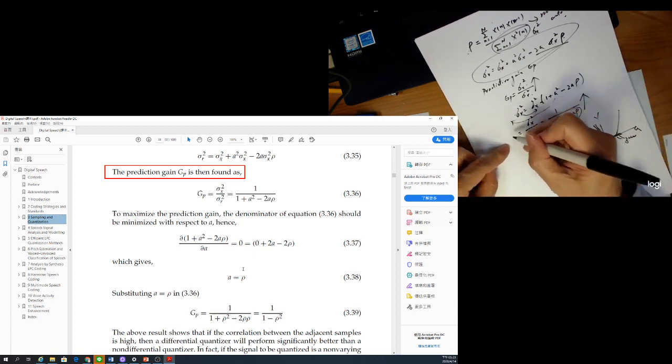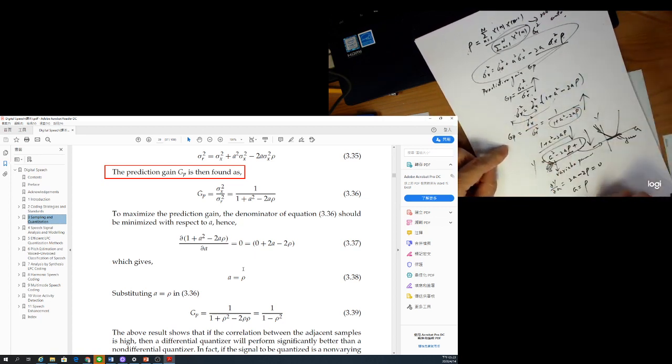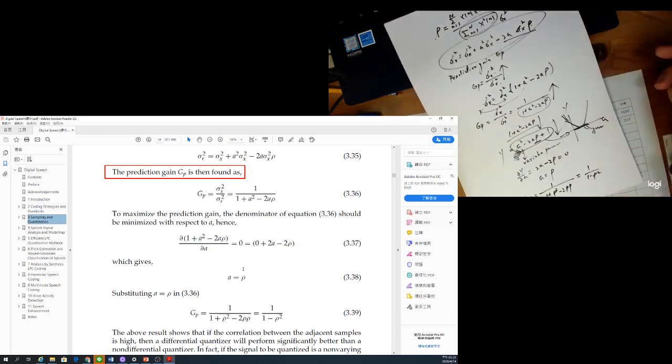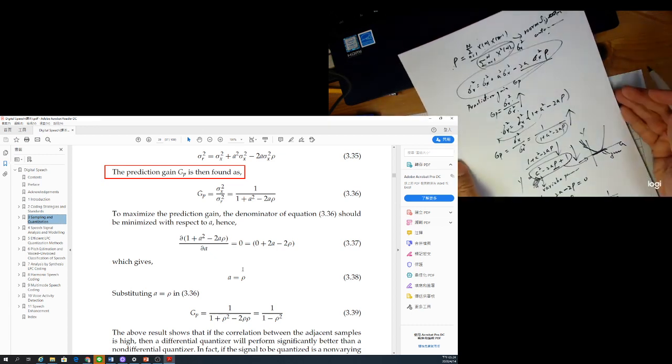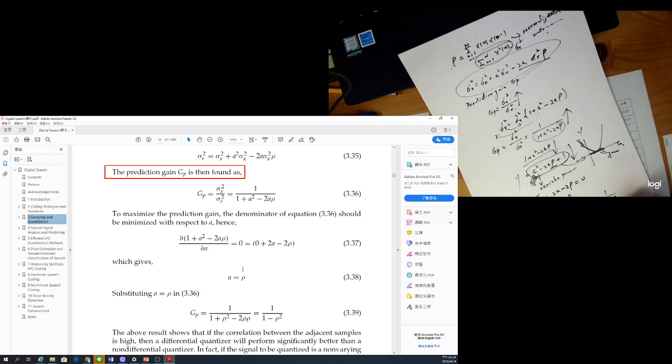Here is the prediction gain. It becomes r squared to r, so you will be more like this one. If you use just one prediction, the best prediction gain is here.